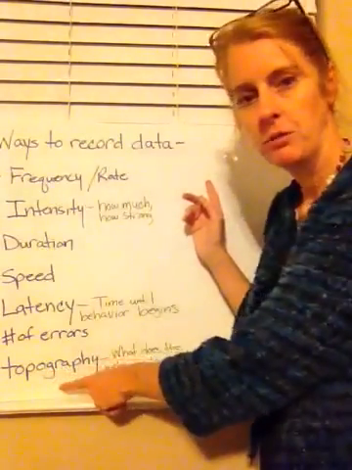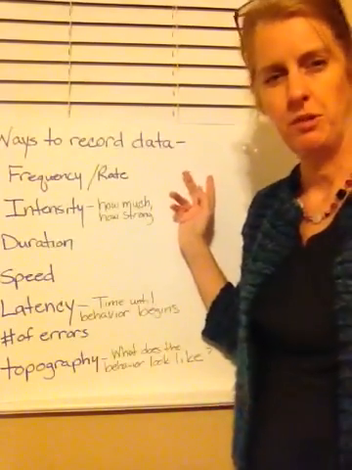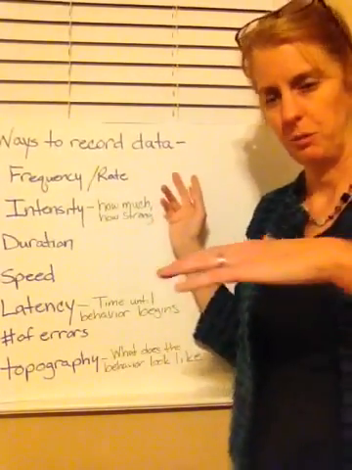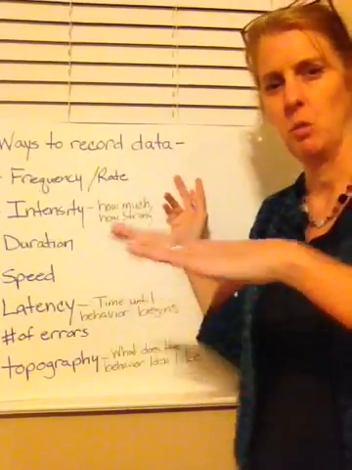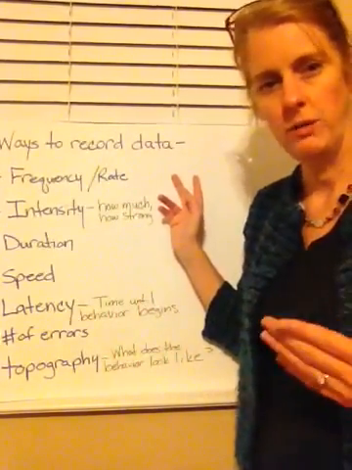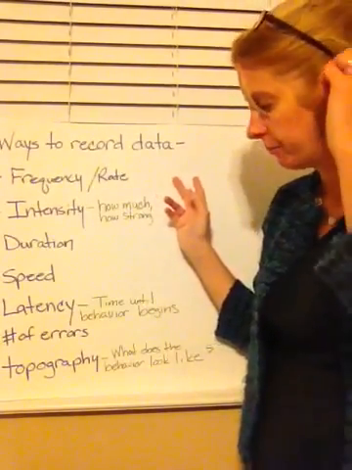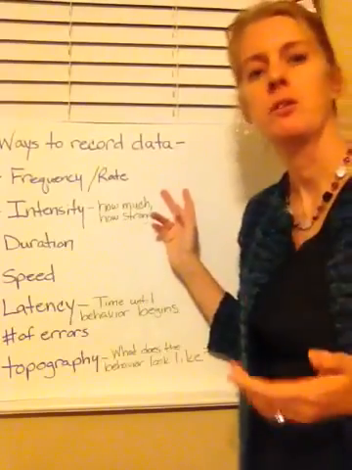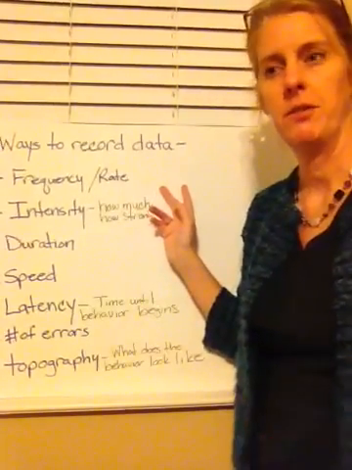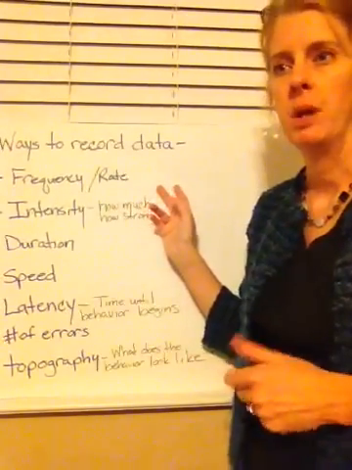The last one I'm going to mention here is topography. If you think of a topographic map, it's one of those maps that shows elevation and water and forest and all this stuff. So topography is what something looks like. What does a behavior look like? There are some things we actually judge on topography, like sports such as diving or dancing.